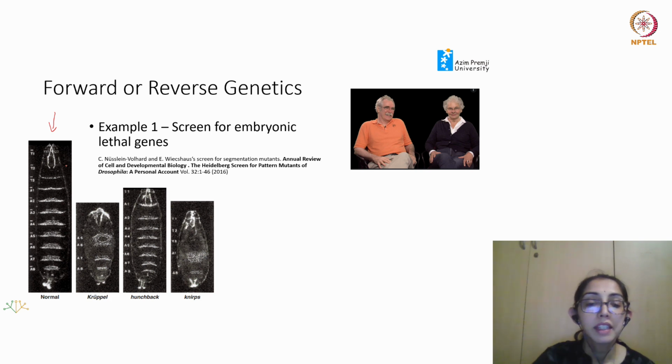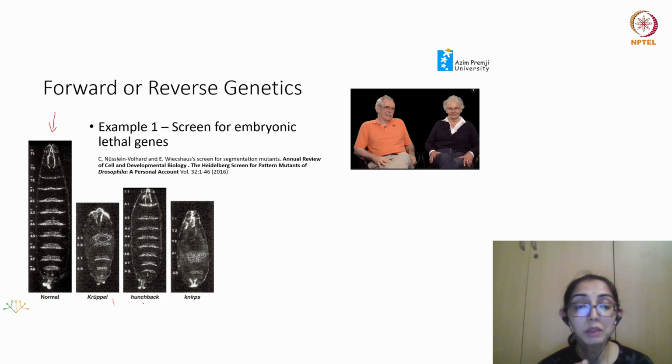And then they identified different sort of phenotypes. They named them Krupel, Hunchback, and Terps, depending on the historical reason behind where these discoveries were made or what phenotype came out of them.